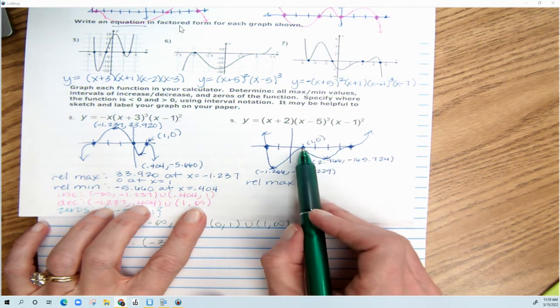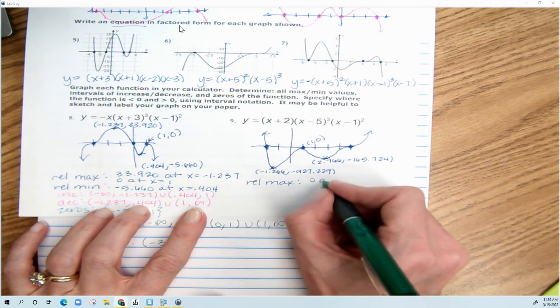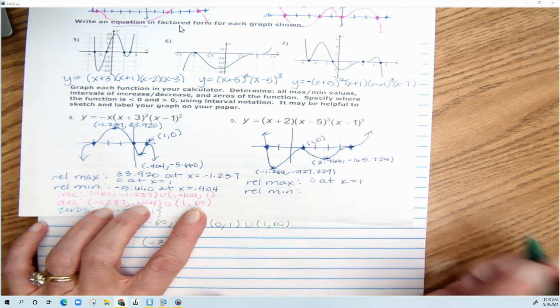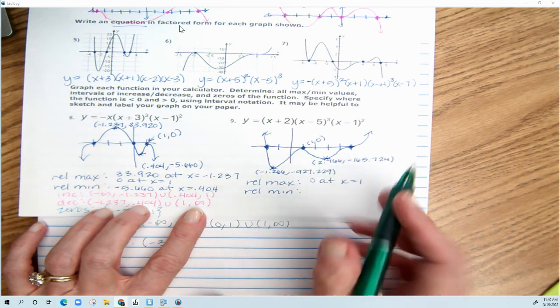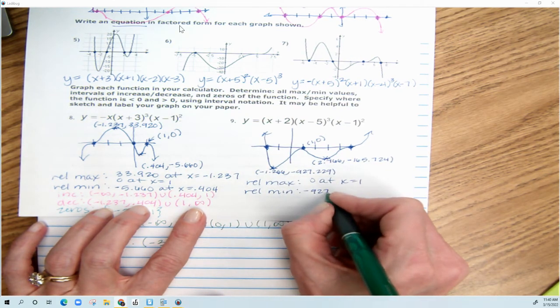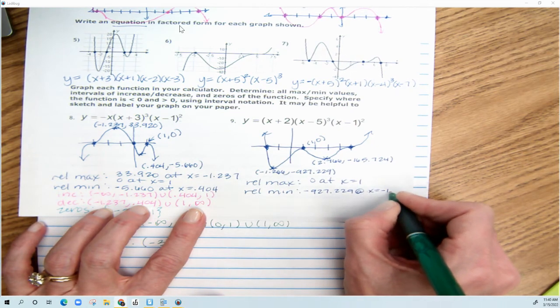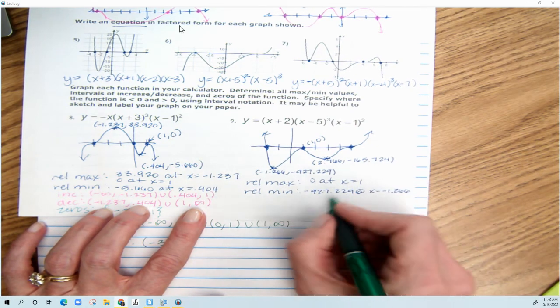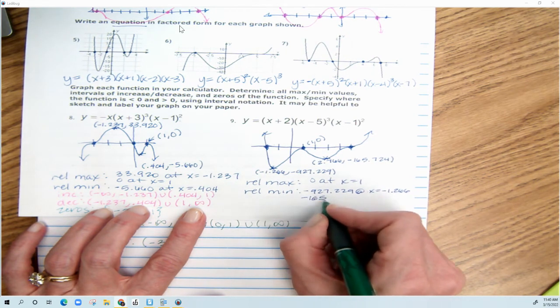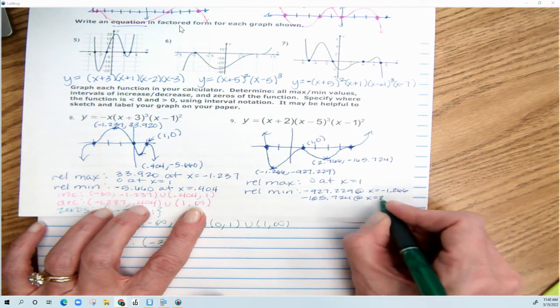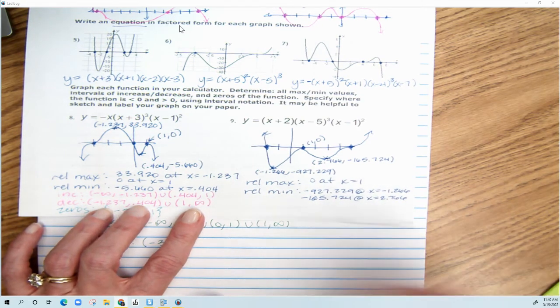There's only one relative max turn, so 0 at x equals 1. There's 2 relative mins because there's 2 min turns, so -927.229 at x equals -1.266, but also -165.724 at x equals 2.766.